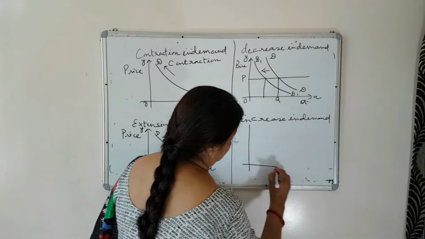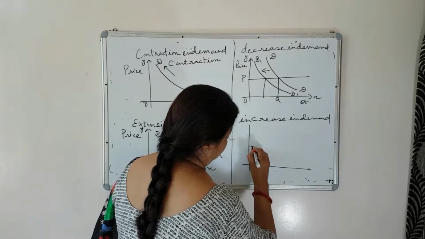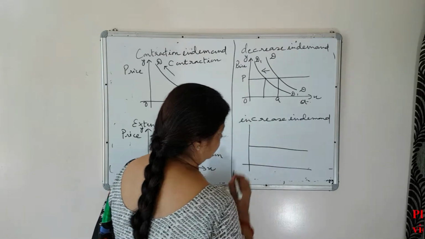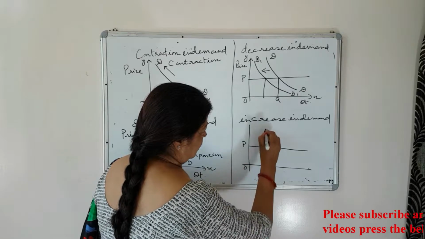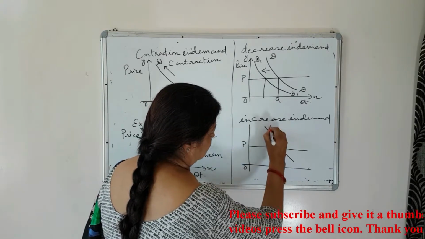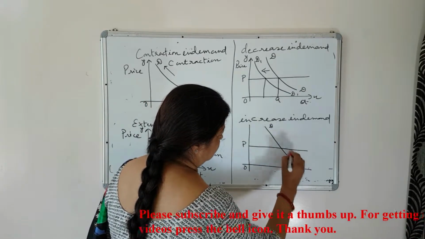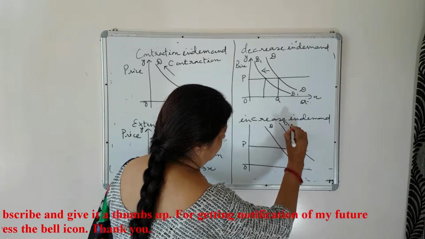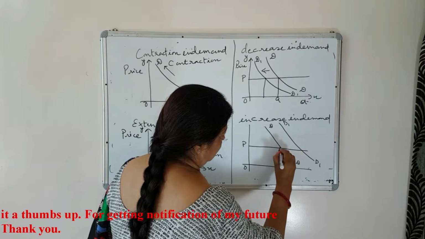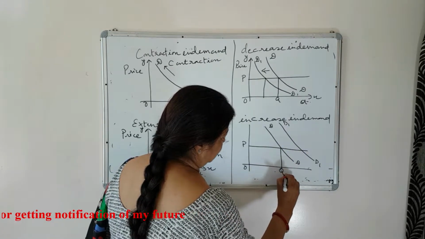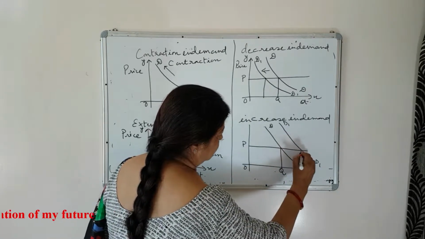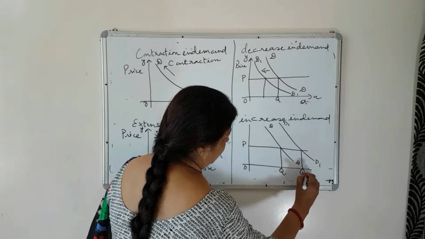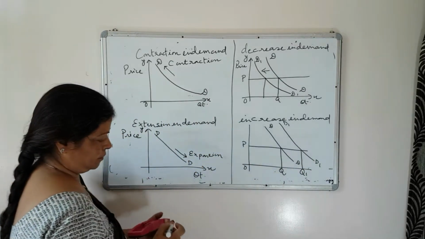In increase in demand, you first draw the price line. Here P. Now this is the original demand curve, that is DD. New demand curve, that is D1, D1. Quantity, this is Q. You were buying OQ earlier. Now you are buying OQ1 quantity.